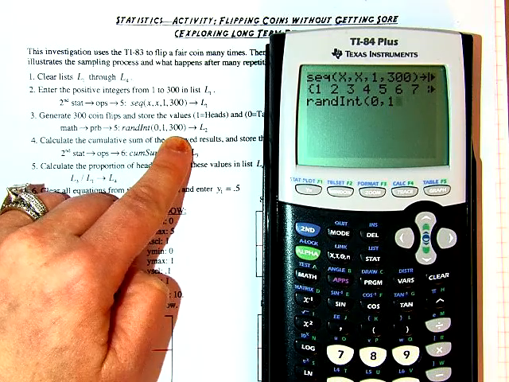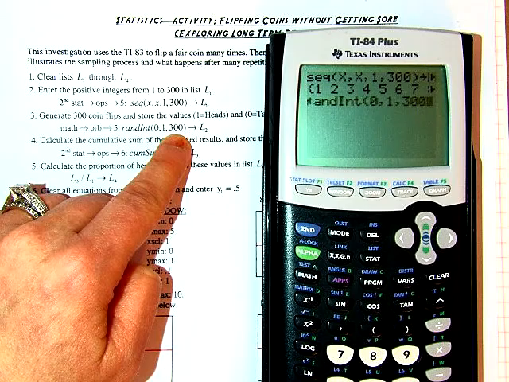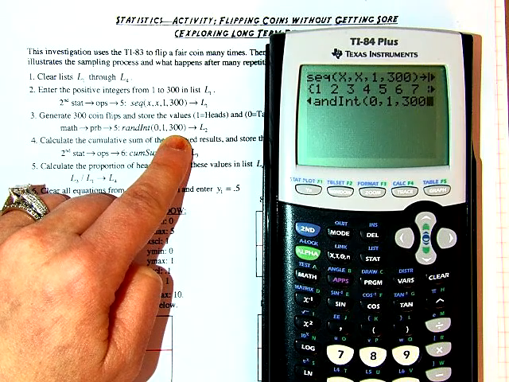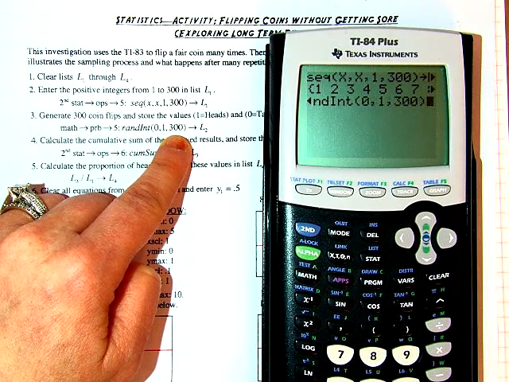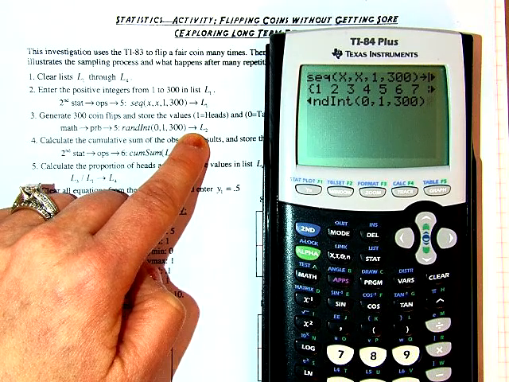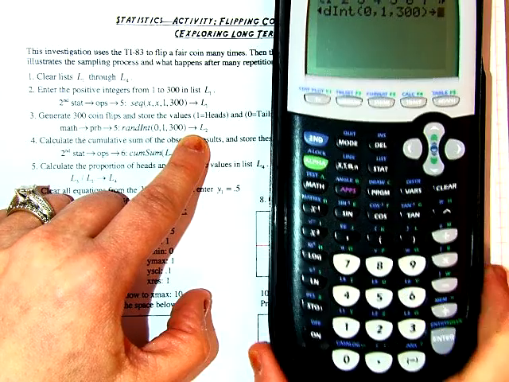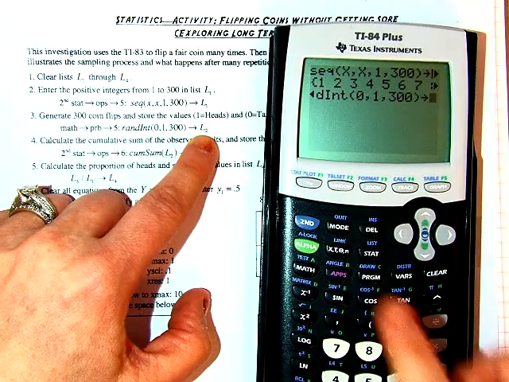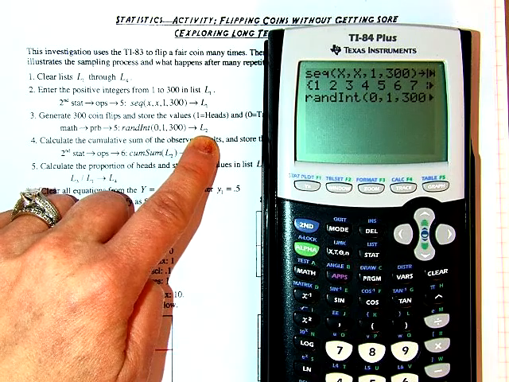And I want 300 of them because I'm modeling flipping a coin 300 times. Close the parentheses, store it in the L2. So stow, right there, stow, slide back down, and L2. Now I hit Enter.